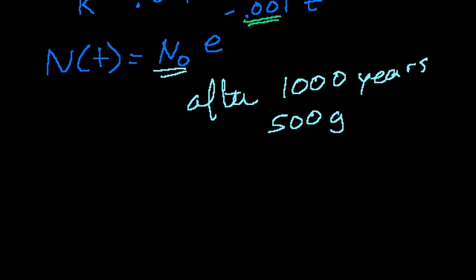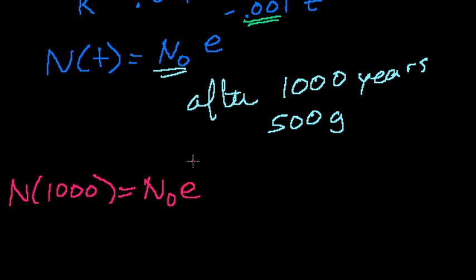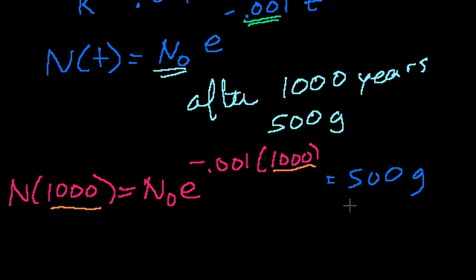I'm saying that after 1,000 years, n of 1,000, is equal to n sub naught times e to the minus 0.001 times 1,000. And I'm saying that that's equal to 500 grams. So I just have to solve for n sub naught.